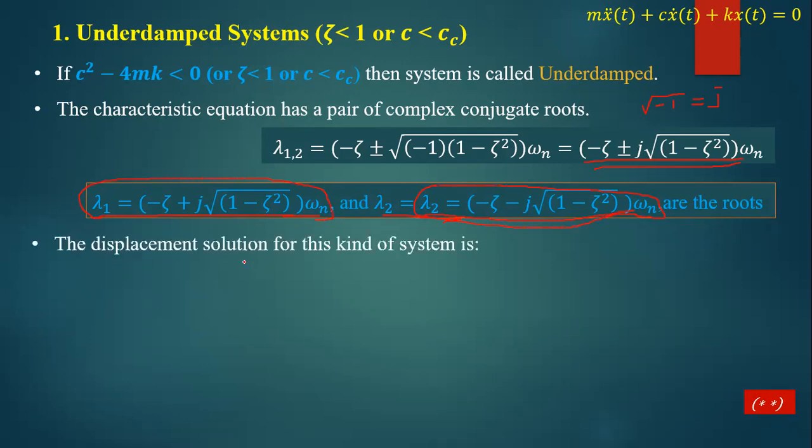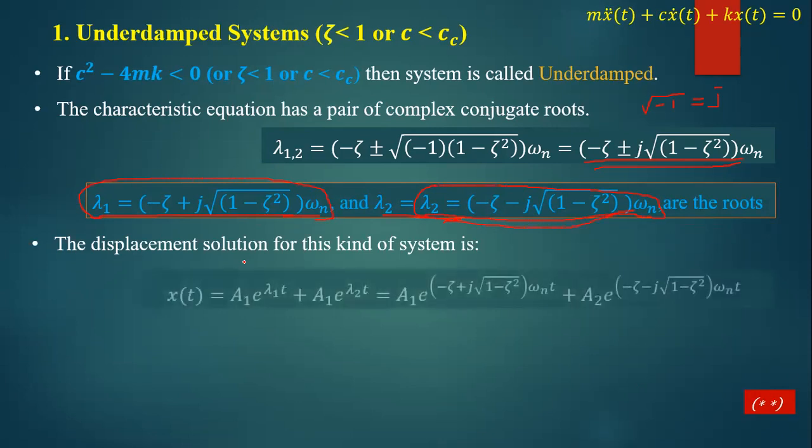The displacement solution for this kind of system is, we substitute, we have x of t is equal to a1 e to the lambda 1 t plus a2 e to the lambda 2 t. This a1 and a2 are arbitrary constants, which we can determine from initial conditions.